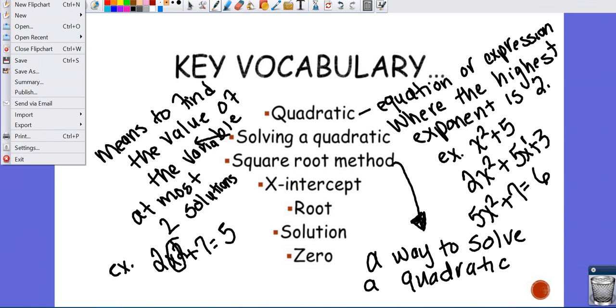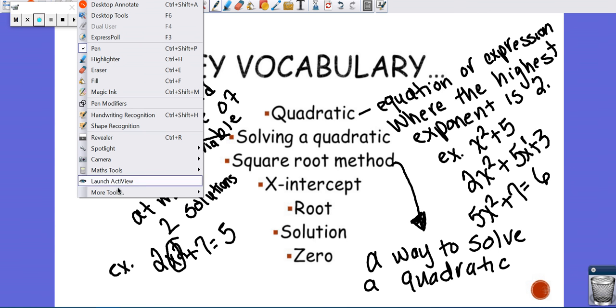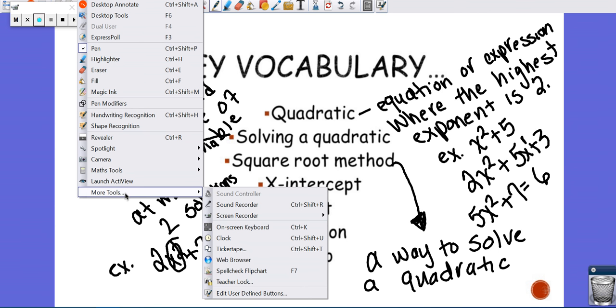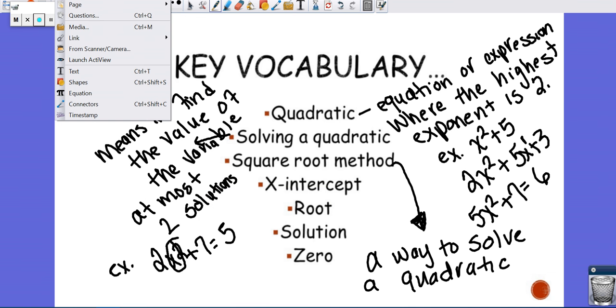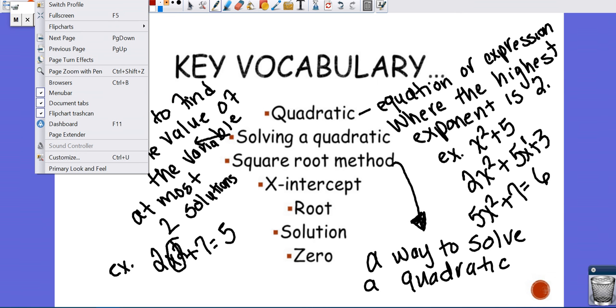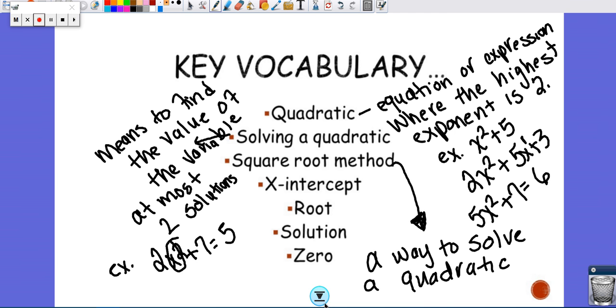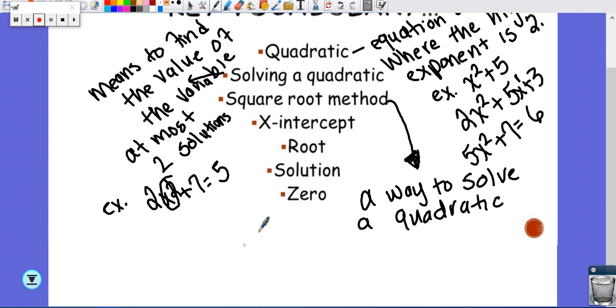I'm looking for my page extender. Okay, so to use this method, you need to have only one variable in the quadratic. You can only have one variable in the quadratic in order for you to use the square root method to solve a quadratic.